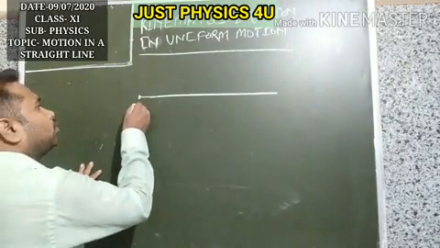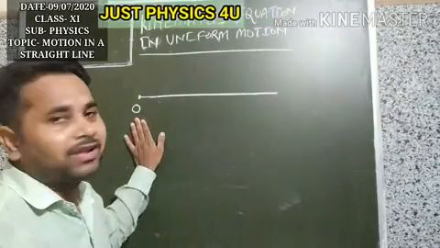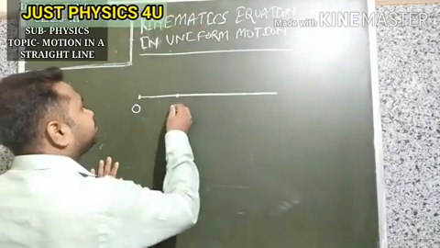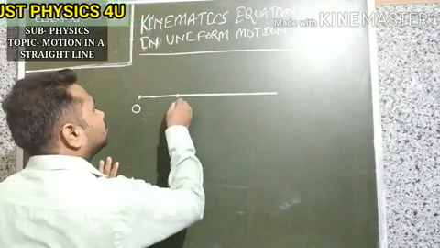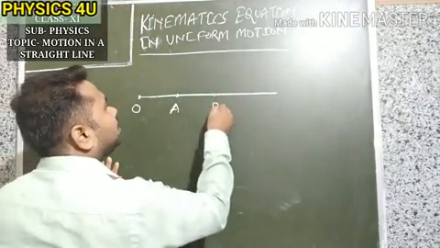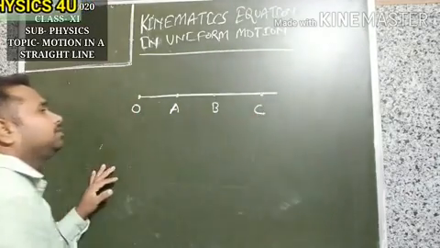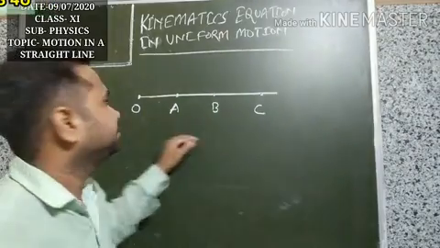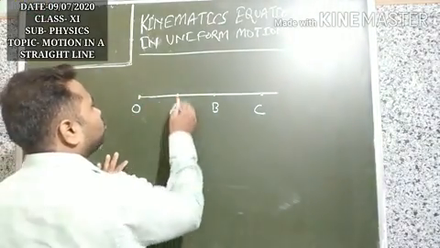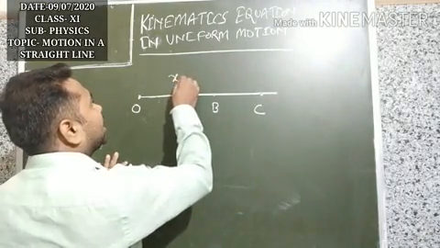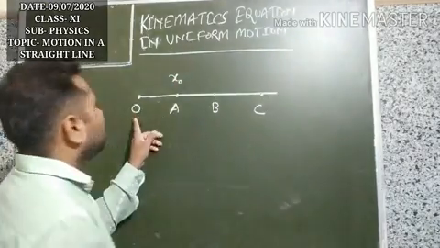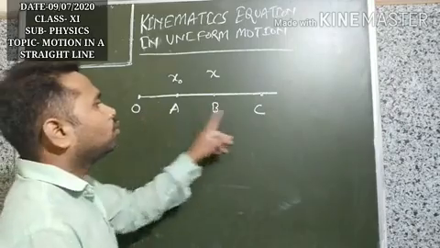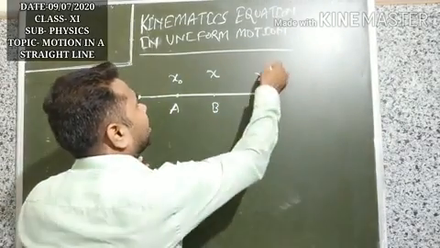See here, suppose O is the reference point or observation point, and A, B and C are three positions on the path of a moving object. Suppose the distance O to A is x0, O to B is x, and O to C is x dash.